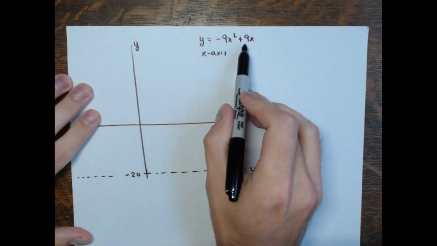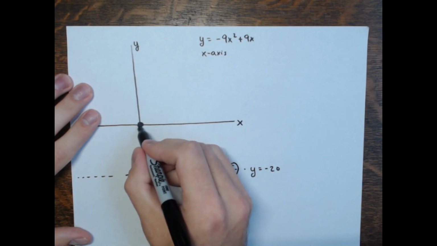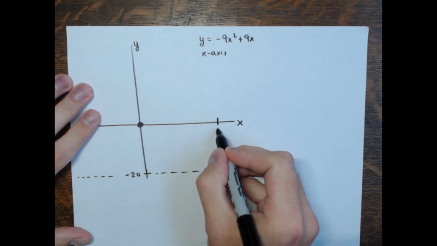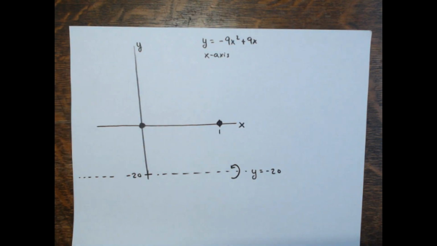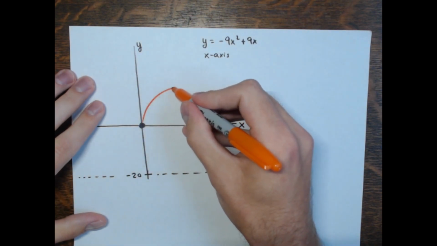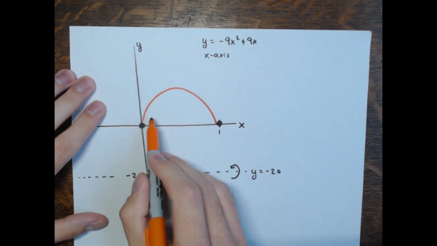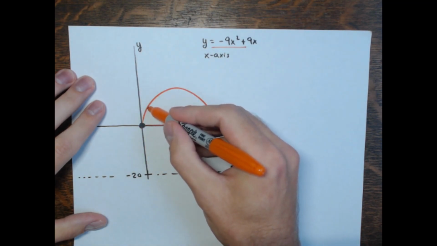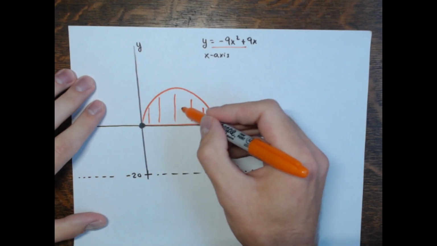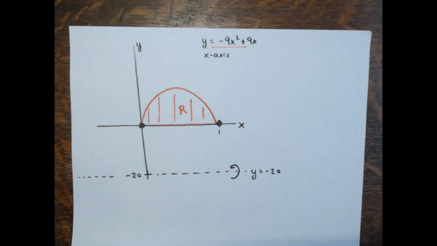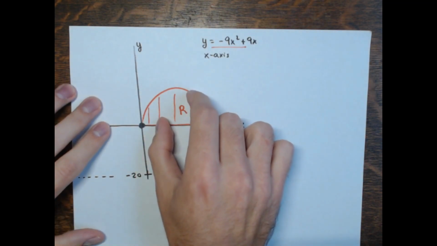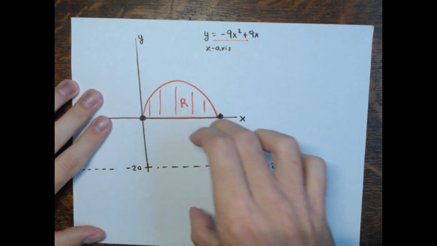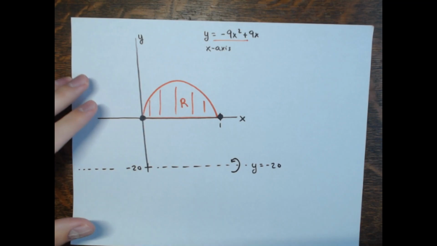Now this curve here has (0, 0) and (1, 0) as x-intercepts, and it's a parabola opening down. So it's something like this. This curve's on top, and the x-axis should be on bottom here. The region is bounded by these two. So here's the region in question, region R. And I'm rotating this region around this line way down here. So it's going to be a big 3D shape with a big gap in it.